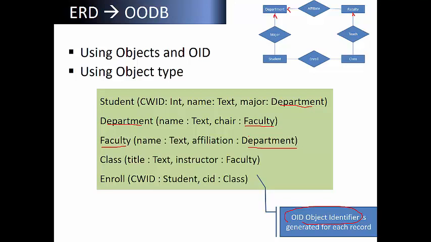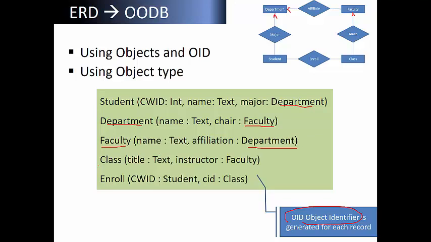If that faculty is affiliated with the cyber department, then the cyber OID will be the value of this affiliation. Another faculty, let's say Peter, has affiliation Department of English. Then the English OID will be the value of Peter's affiliation.